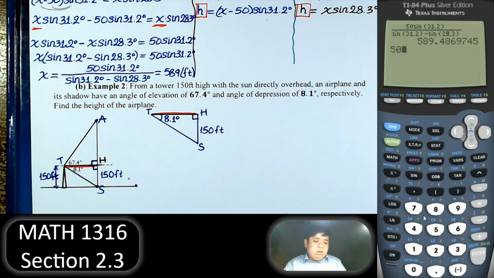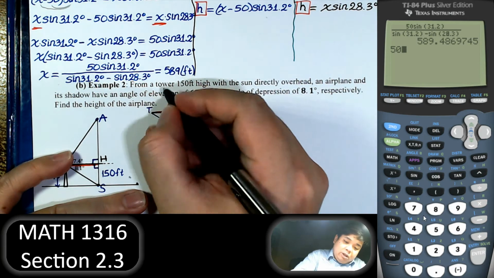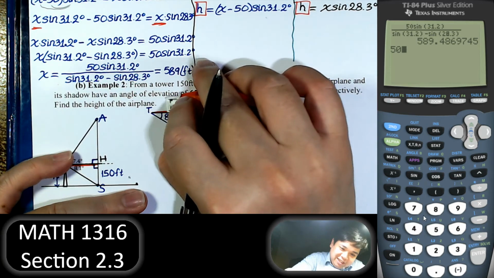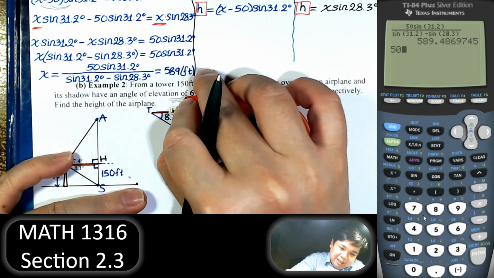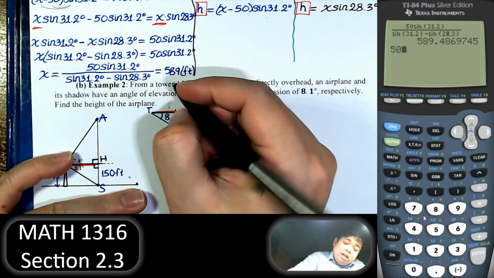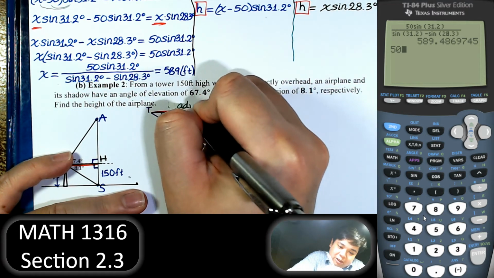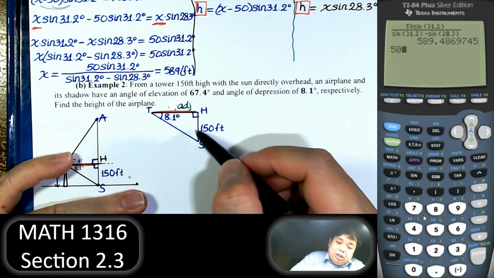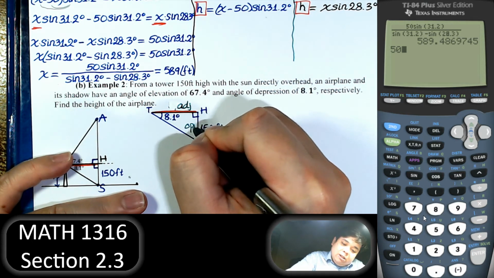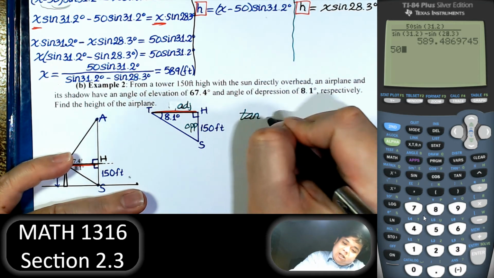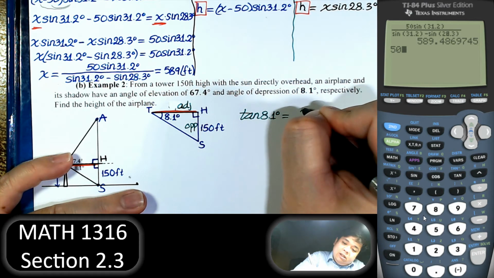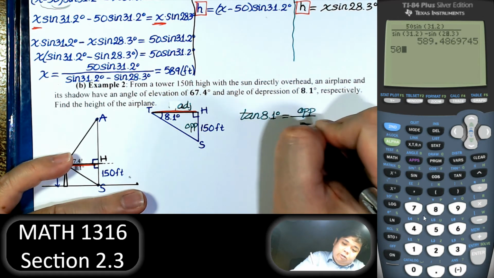Right, so for this triangle, we will find TH. So with respect to 8.1 degrees, this is opposite. With respect to 8.1 degrees, this is adjacent. And with respect to 8.1 degrees, 150 is opposite. So tangent of 8.1 degrees is opposite over adjacent.